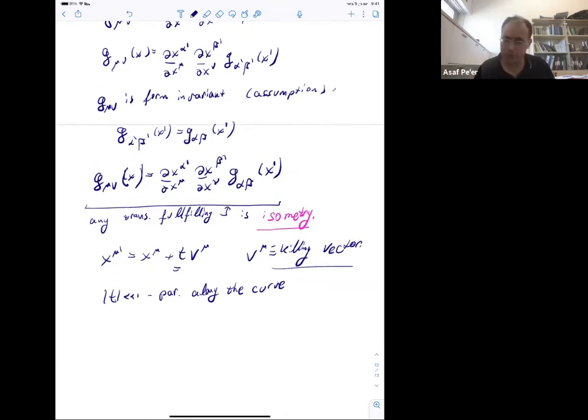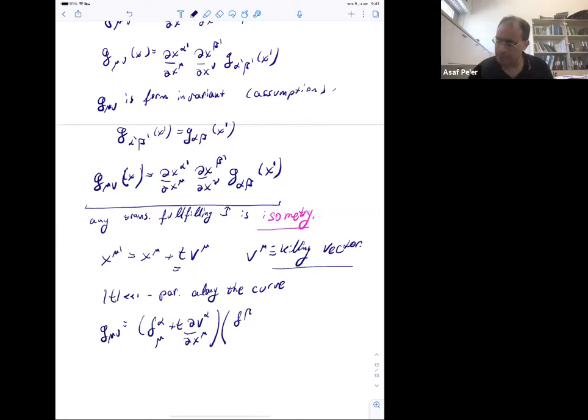So we have the g mu nu, right? dx alpha prime over dx mu, but x alpha prime is just x alpha plus t v alpha. So I can write it down as delta alpha mu plus t dv alpha over dx mu, right? And the same for the second term.